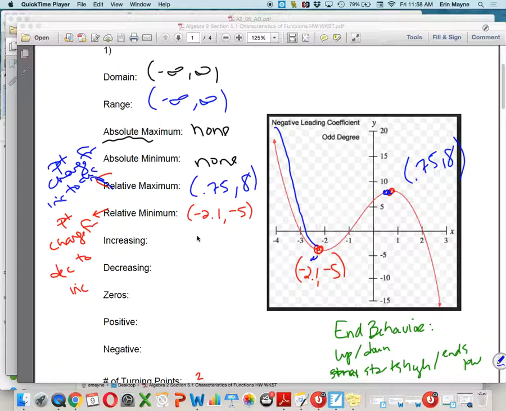When the x values are increasing and the y values are decreasing. So here's the thing. If I'm going to list the time that it's decreasing, there's no point listing the y values because by definition, the y values are decreasing. Agreed? So the question is, when is it decreasing?